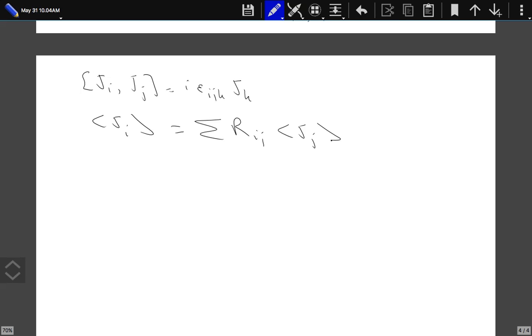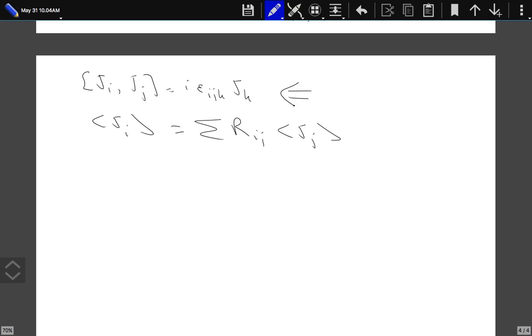And to prove this relation, if you remember, the only thing we used was this commutation relation. We didn't use anything else. It was enough that we know this commutation relation. And, well, let's do one more thing.